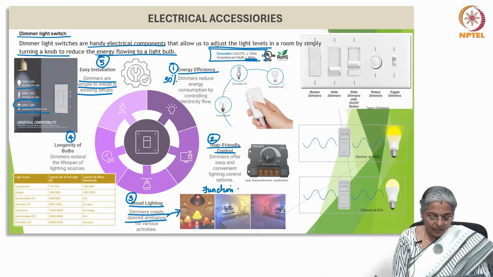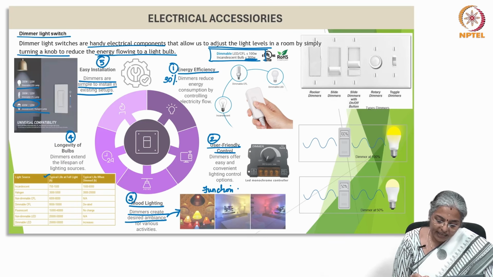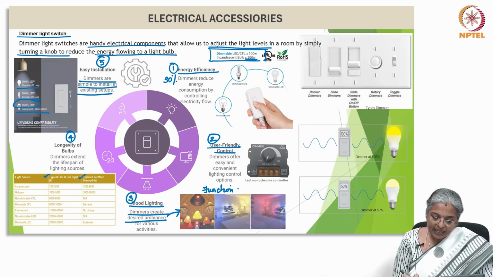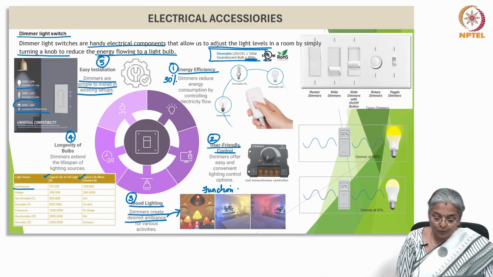Also, if you look at typical life at full light hours and typical life when dimmed, you can see that for an incandescent bulb which we no longer use, the life can be enhanced by 5 times.